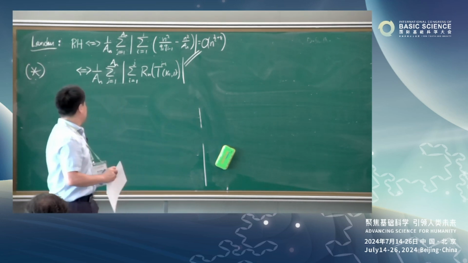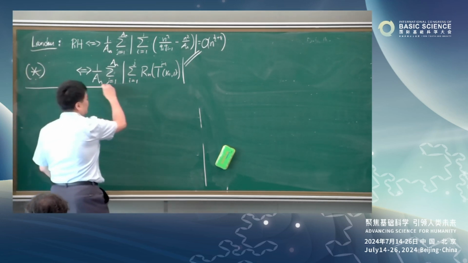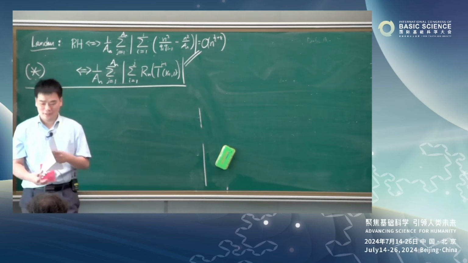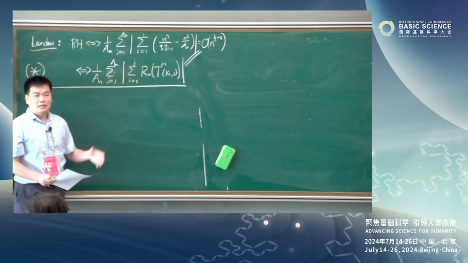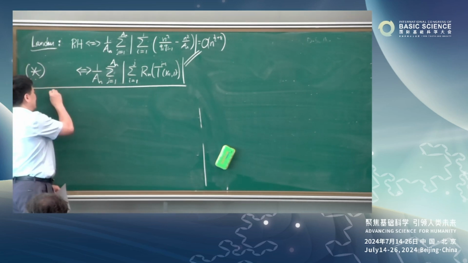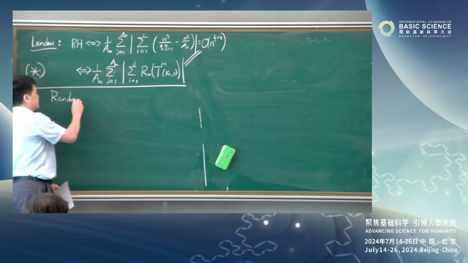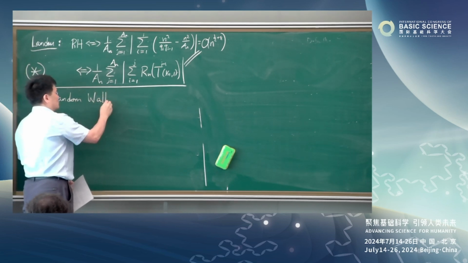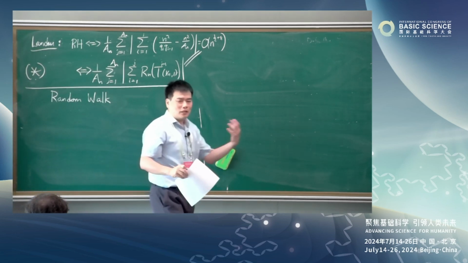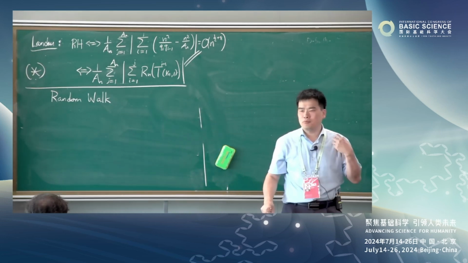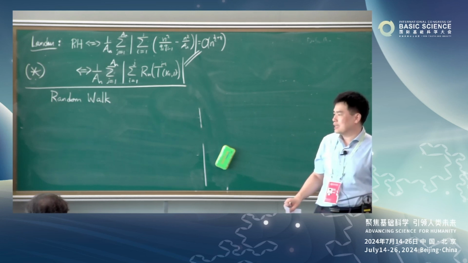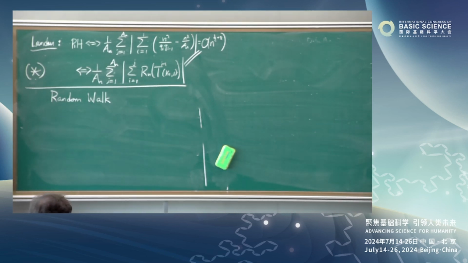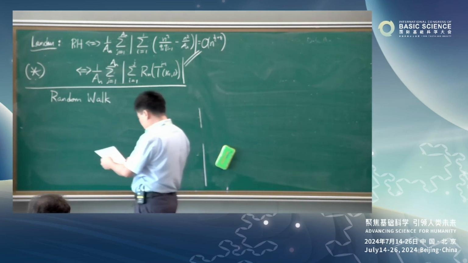Now, why is the Riemann hypothesis hard? That's my next thing to explain. I want to look at this expression, and I want to give you a random walk perspective. When we have something that we don't understand, we usually assume it's random, and then we try to guess what we can expect.